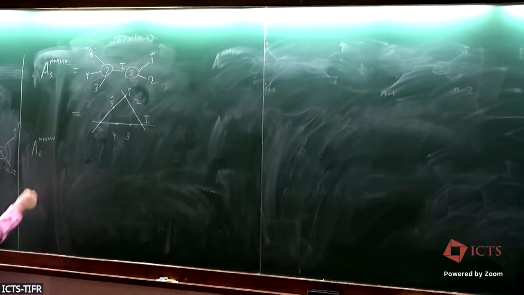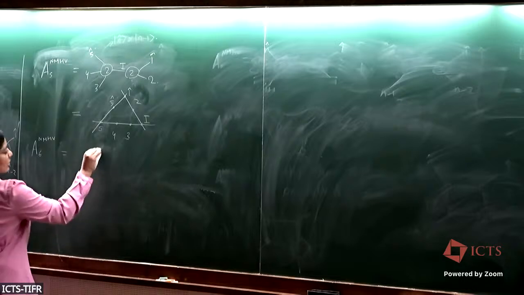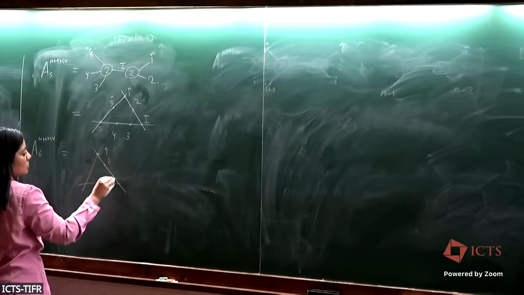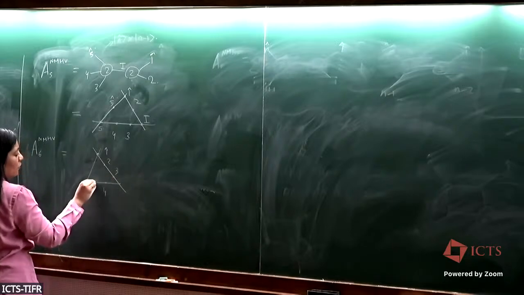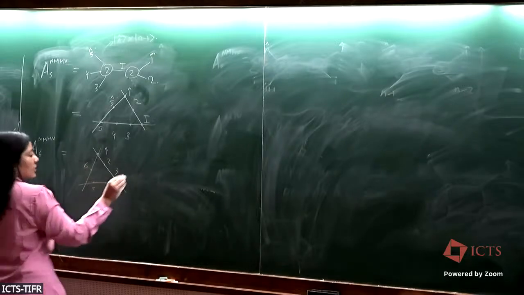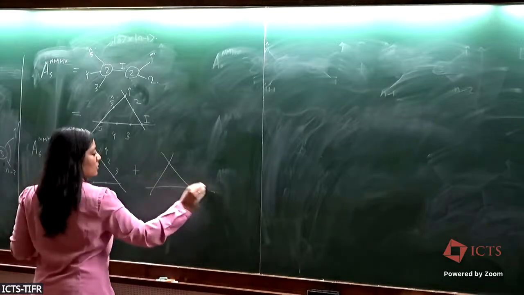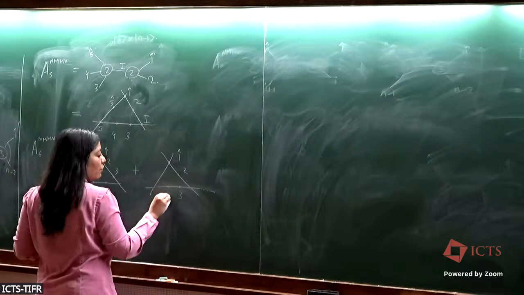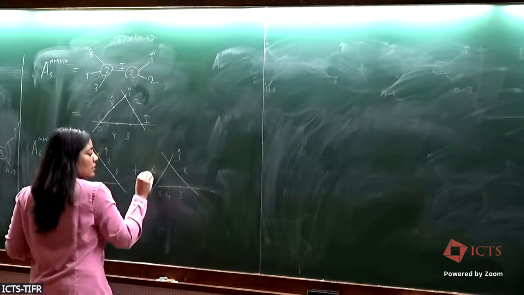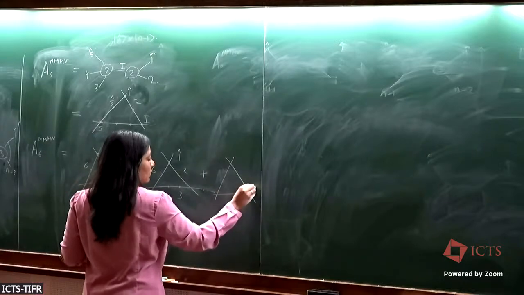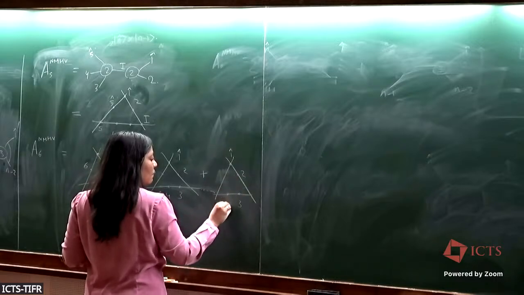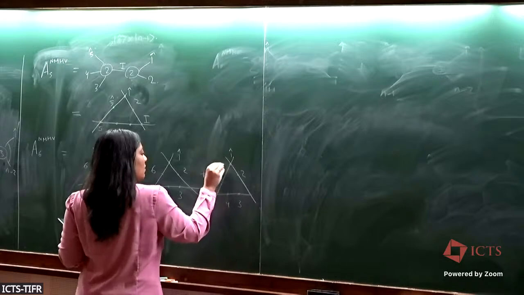Because now when I have NMHV, I know what to do. I can draw now my configurations, which are 1 hat, 2, 3, 4, 5, 6; 1 hat, 2, 3, 4, 5; and 1 hat, 2, 3, 6.